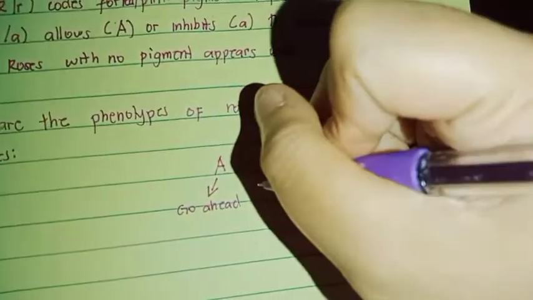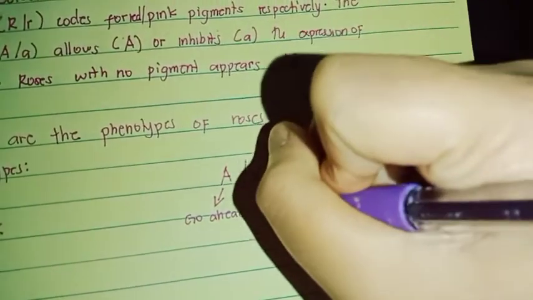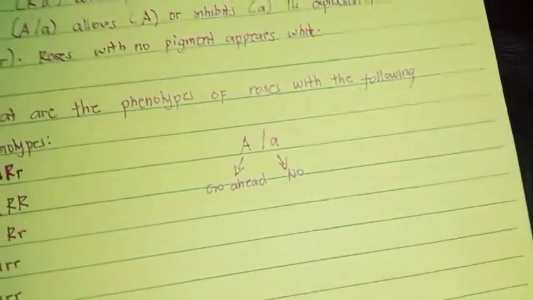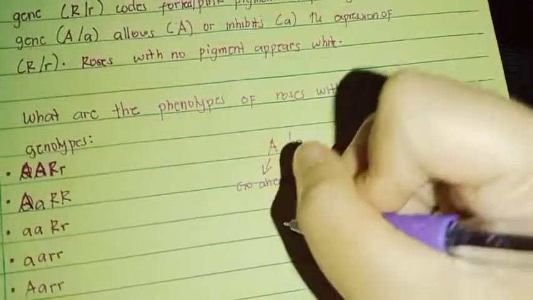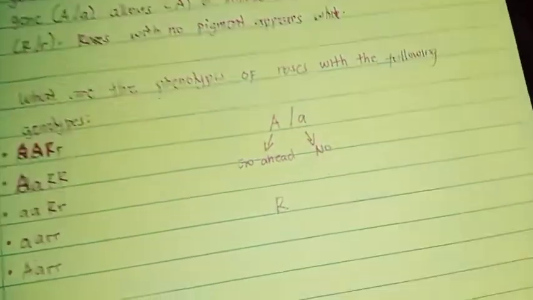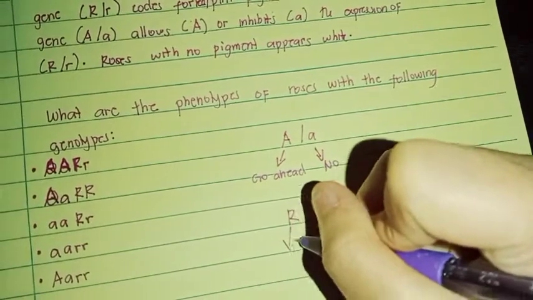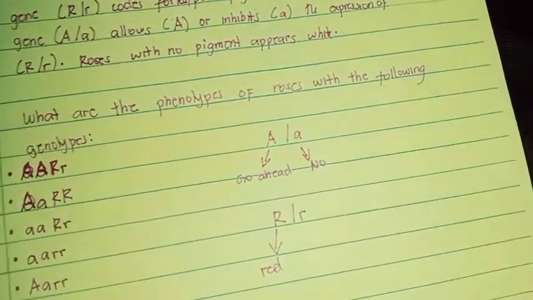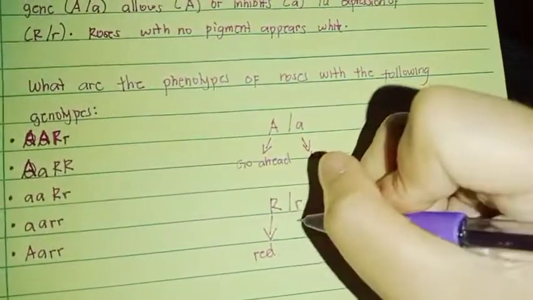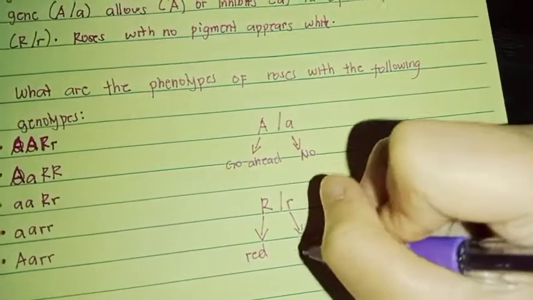The small letter a will stand for no. And for the red and pink pigments, that will be a capital letter R and small letter r. The capital letter R will be the red pigment flower, and the small letter r will be the pink pigment flower.